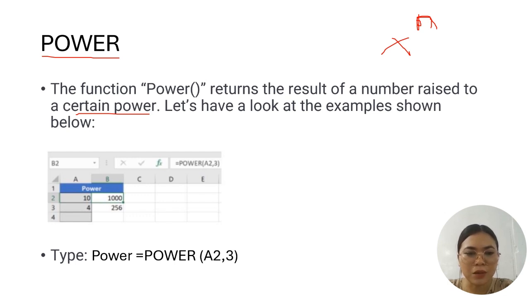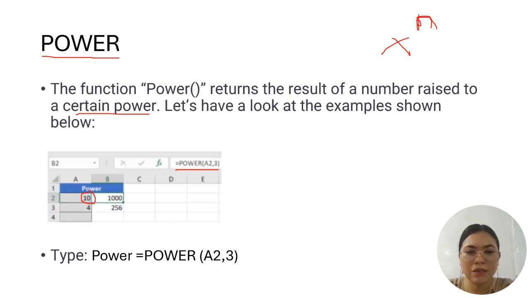So for example, we are going to find the power of 10 raised to a certain power. So to do that, of course, ito yung formula natin. So we have equals POWER and then yung cell of the value that we want to raise to a certain power, which is A2, so si 10.